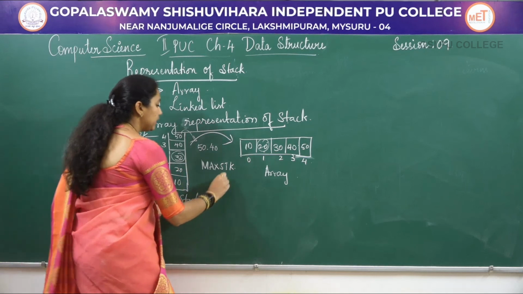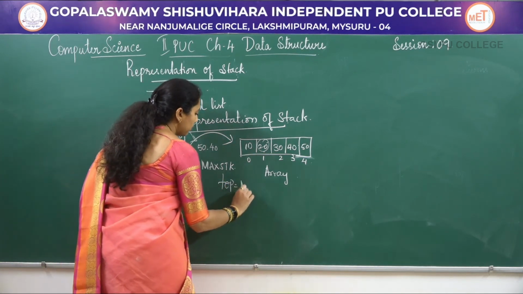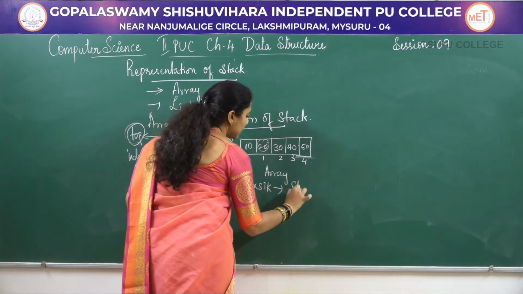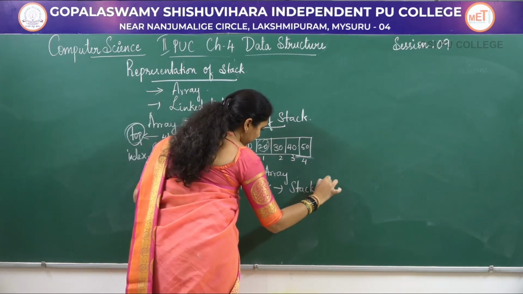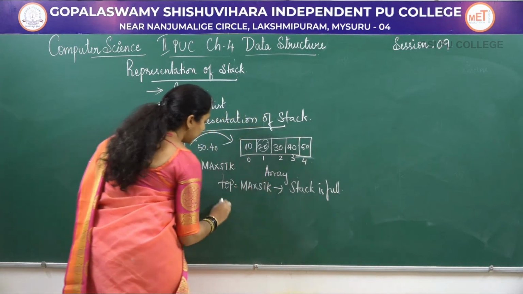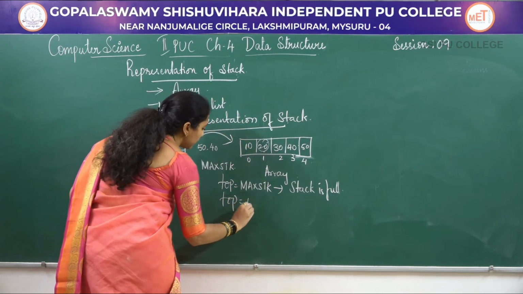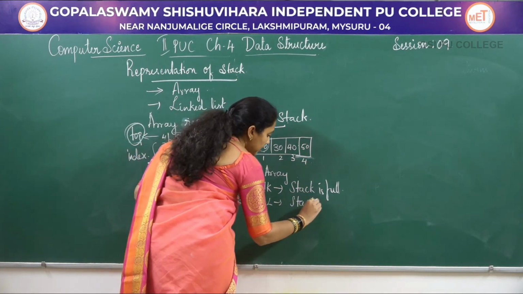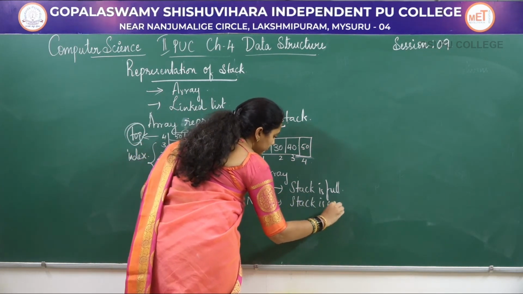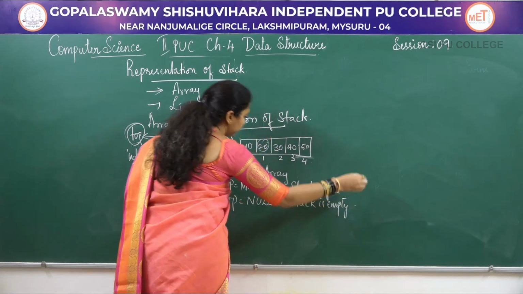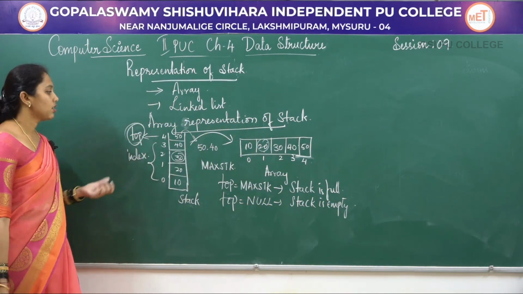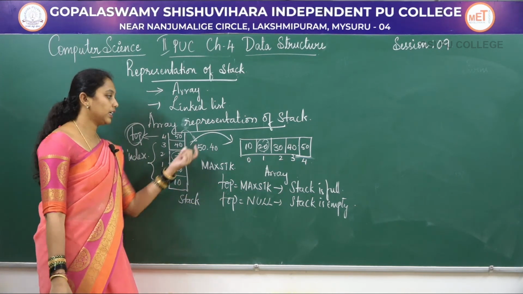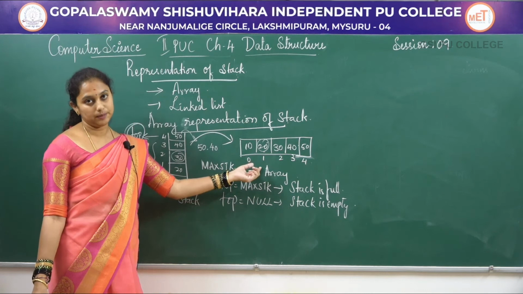If top is equal to max stack, then the stack is full. If top is equal to null, then the stack is empty. So this is how we represent a stack as an array.